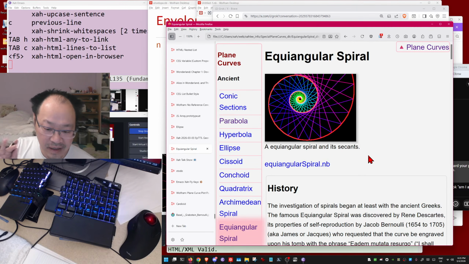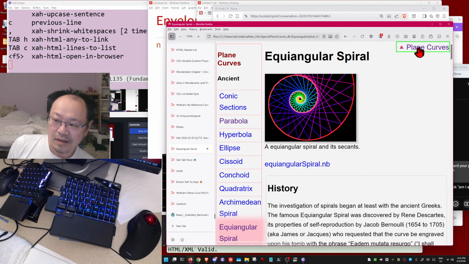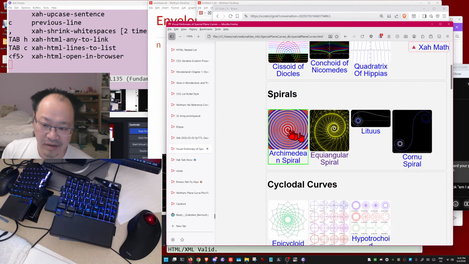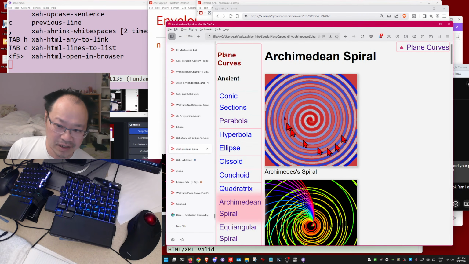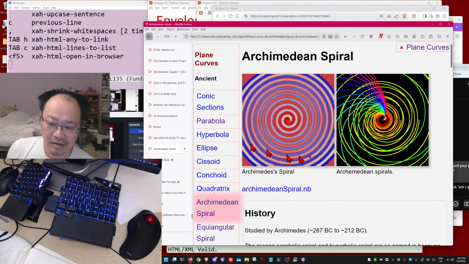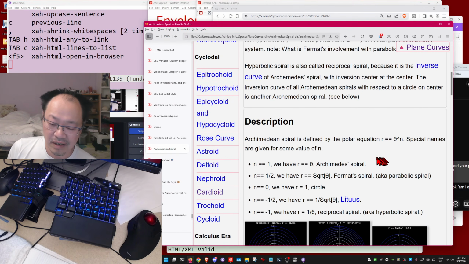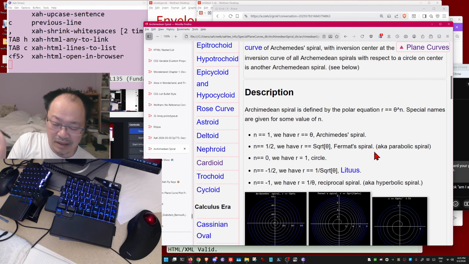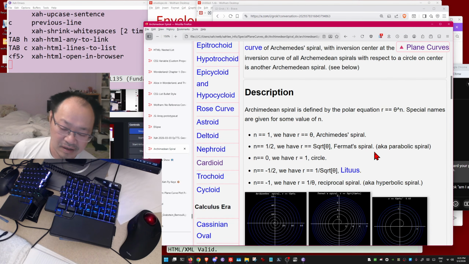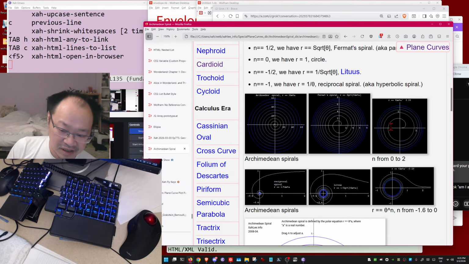That's the definition. Now, there are other spirals that are not like that. For example, this Archimedean spiral is not like that. You draw a line passing the center, it intersects the curve at different angles depending on the orientation of the line.